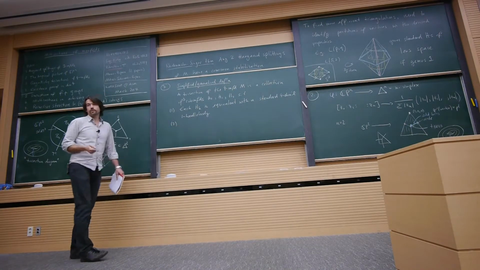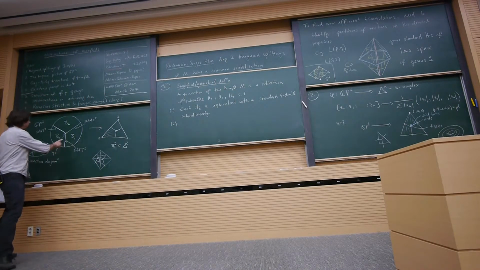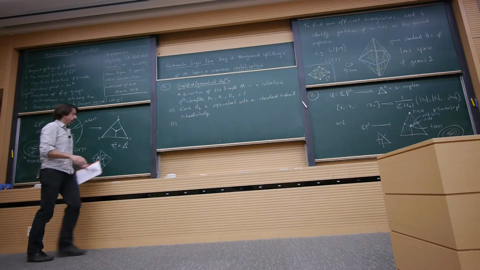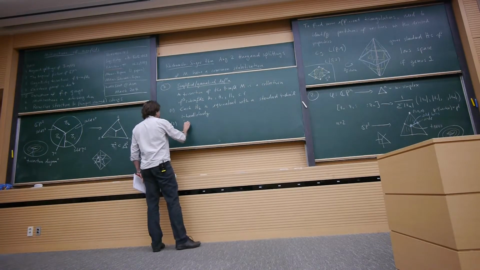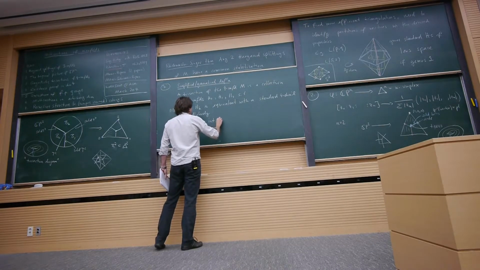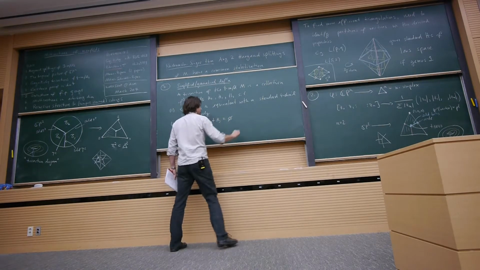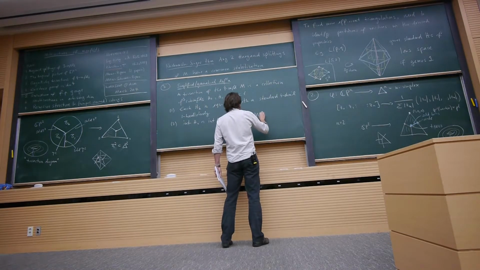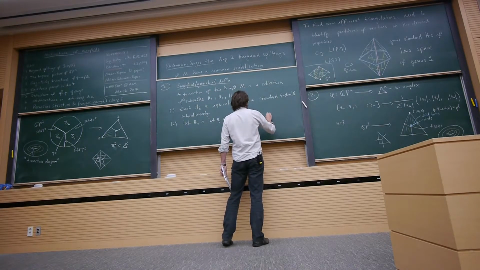The second condition is that I want all the interiors to be pairwise disjoint, just as in this picture. So interior of Hi intersect interior of Hj is empty, and I want that my manifold is the union of all of these.